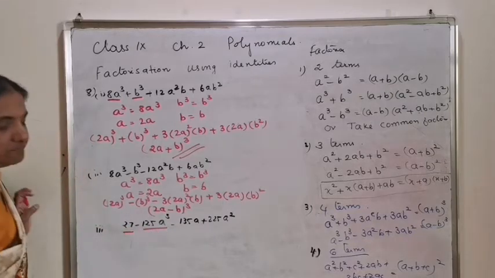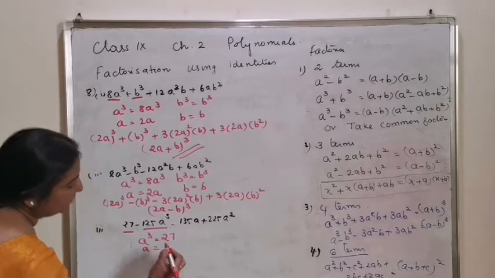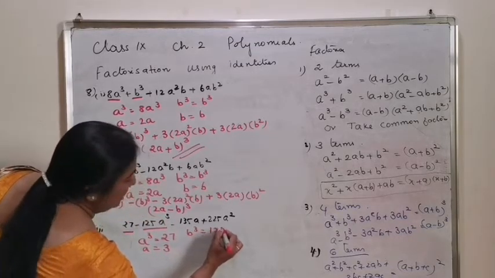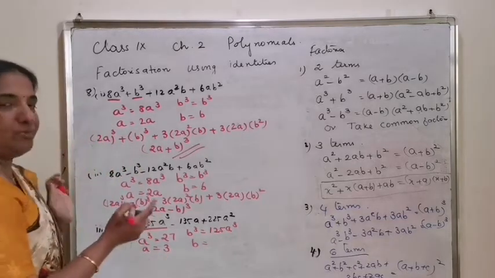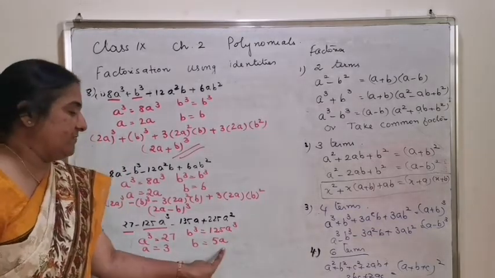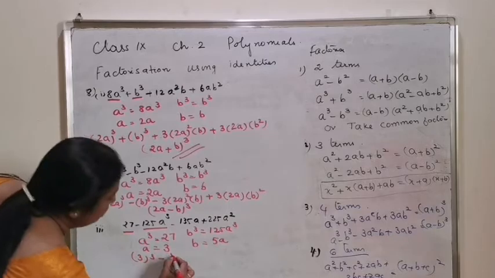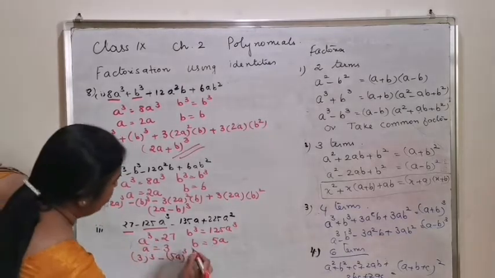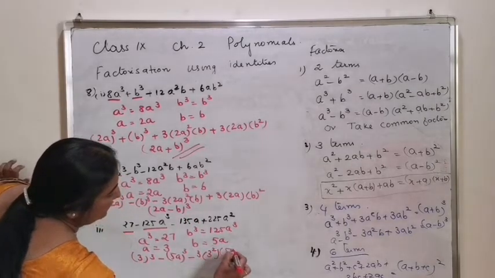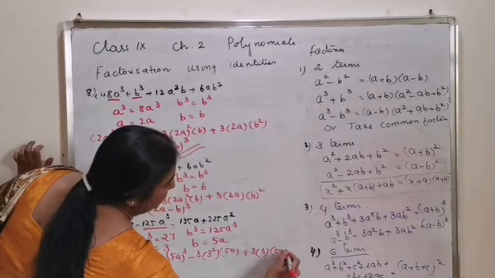Similarly, the cube terms are a cubed equal to 27, so a is equal to 3, because the cube root of 27 is 3. b cubed is equal to 125a cubed, so b is the cube root of 125, which is 5, so 5a. The answer is (3 minus 5a) the whole cube, but how do you arrange it as 3 cubed minus (5a) the whole cube minus 3a square b, that is 3 square into 5a, plus 3a b square?